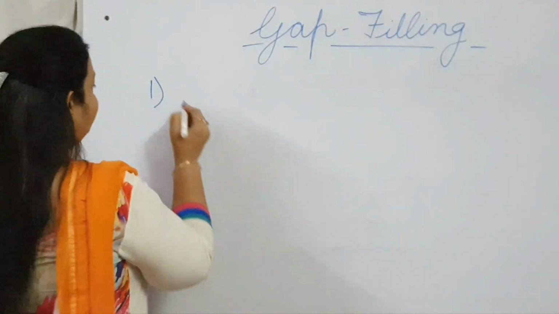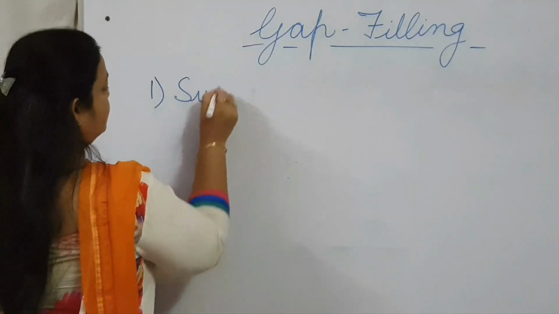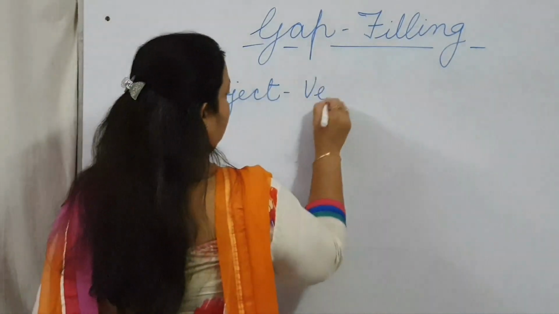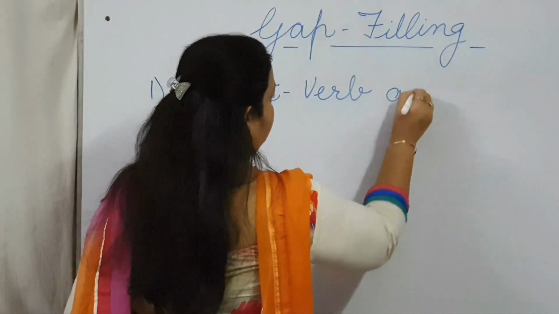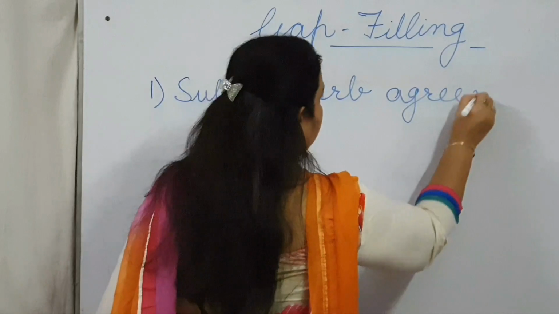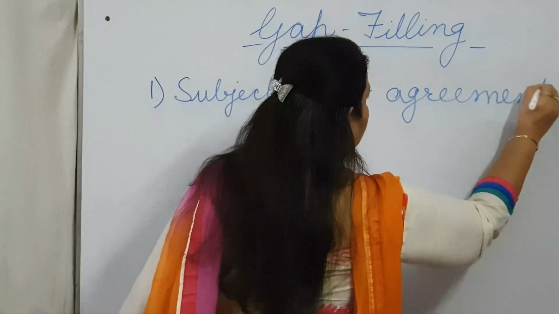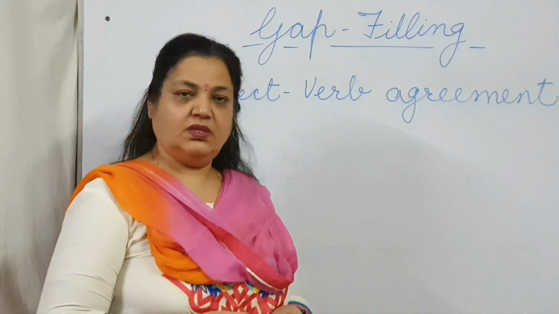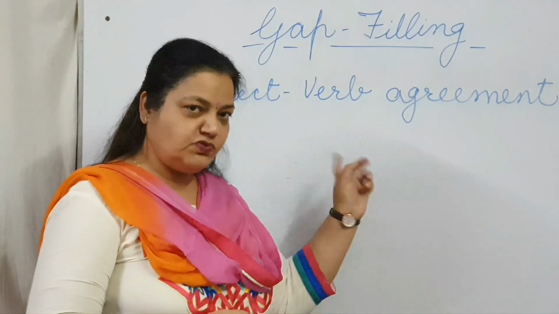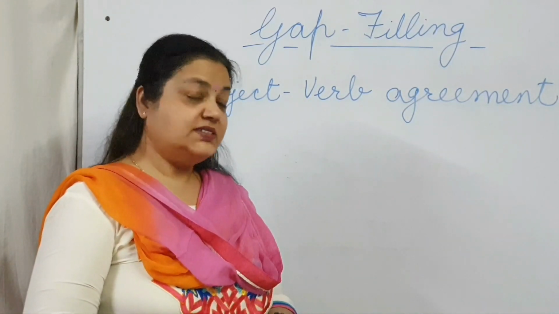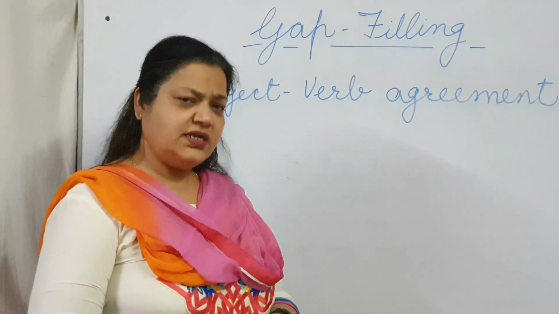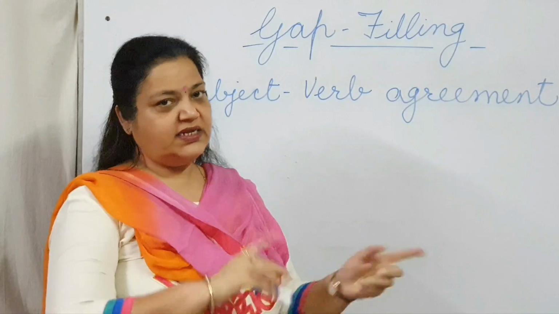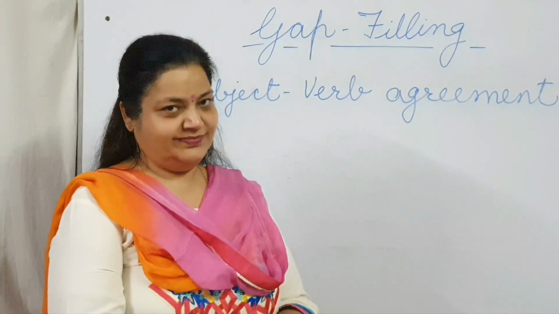First thing, you have to know your subject-verb agreement. Now, what is this subject-verb agreement? As I always teach you, there is an agreement between the subject and the verb of the sentence that either of them will be plural.